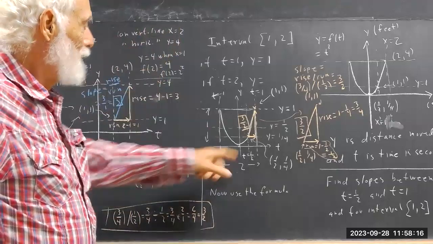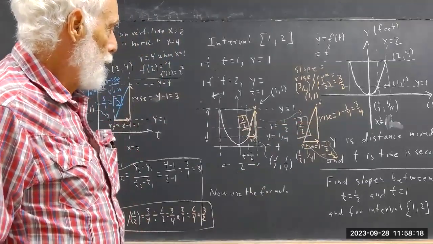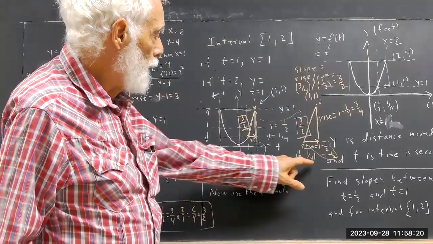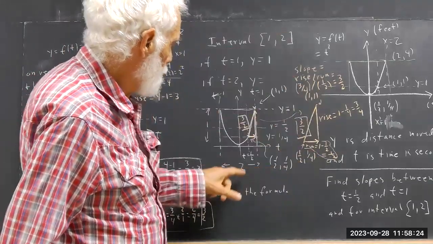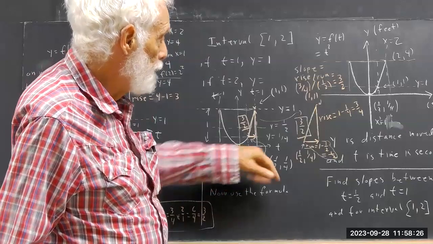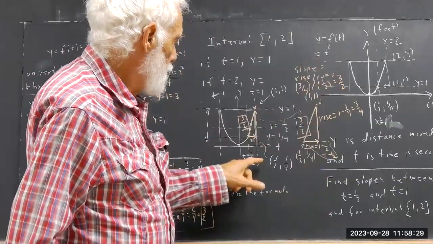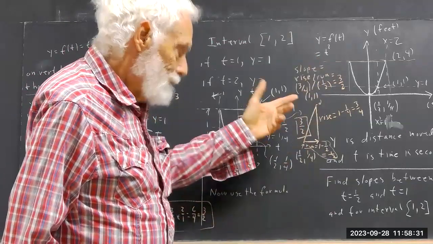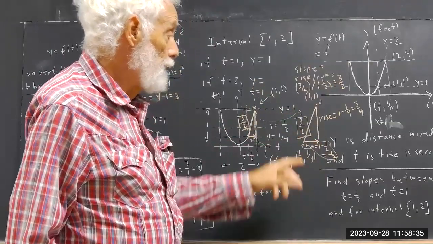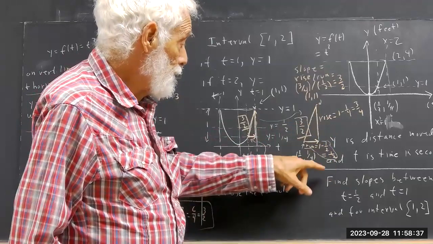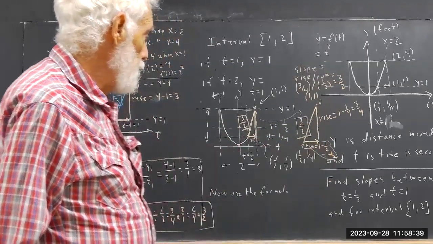Okay, so we did this over here. Again, I said 1/2, 1/4. If you want the run, you're going from the vertical line where t equals 1/2 to the vertical line where t equals 1. Your run is 1 minus 1/2, the later minus the earlier, and 1 minus 1/2 is 1/2.